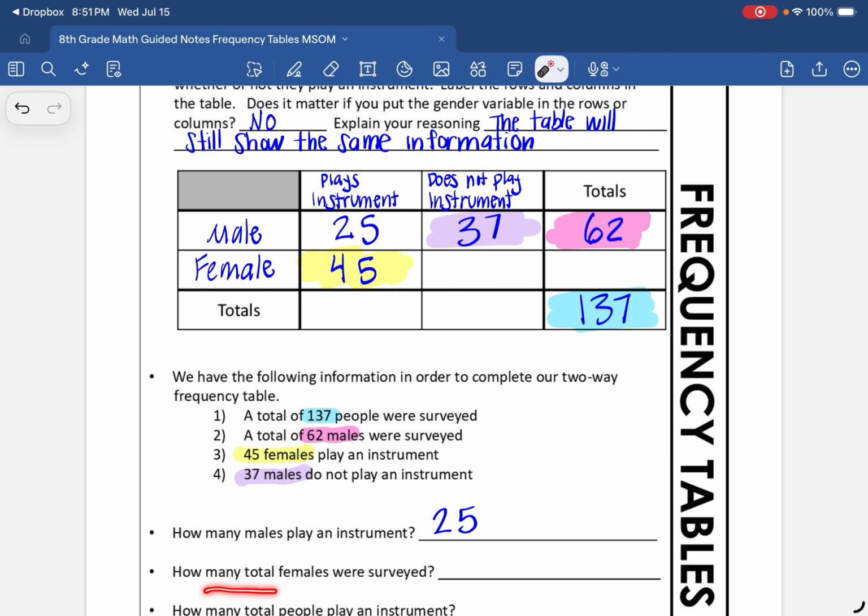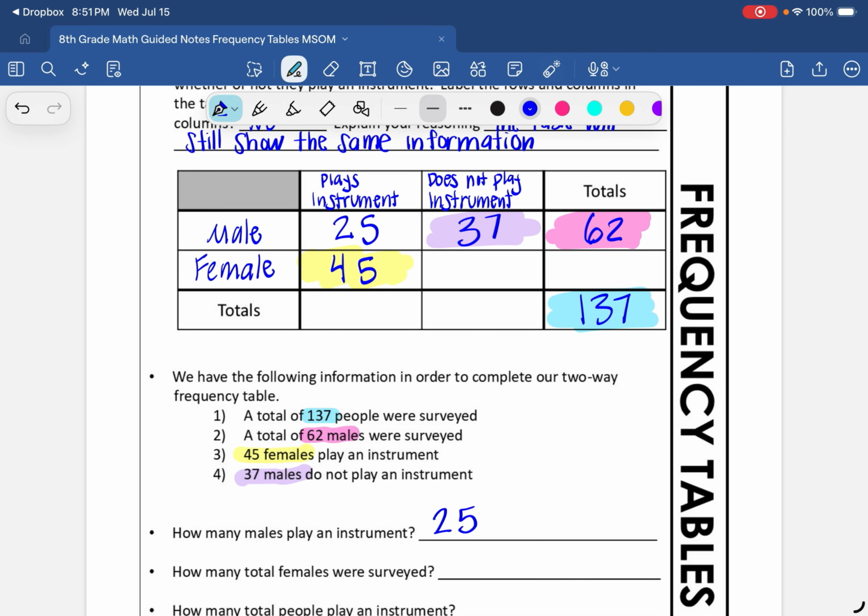How many total females were surveyed? So the total females, I don't know, but I can look at my totals. I know 62 males were surveyed and a total of 137 people were surveyed. So 137 minus 62 will be 75. So there were 75 females surveyed.